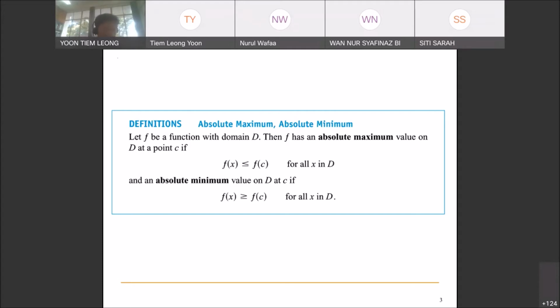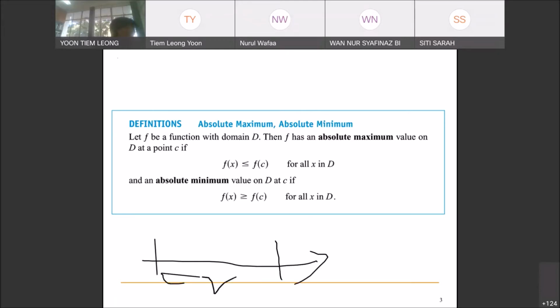Imagine you have some function and you define the domain of the function, let's say this is the domain D of the function. Within this domain, the value of the function is largest at some point, say a point c somewhere here, and the value of the function there is f(c).